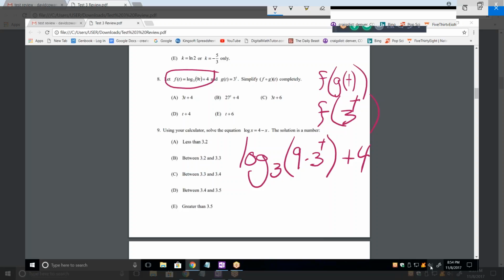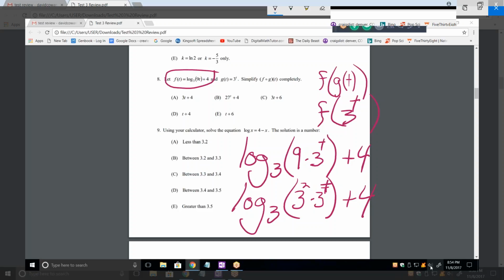However, 9 can be written as 3 squared, right? Yeah. And this is a neat little trick because I'm looking at all of these 3's. Wouldn't it just be 2 plus t in the exponent?